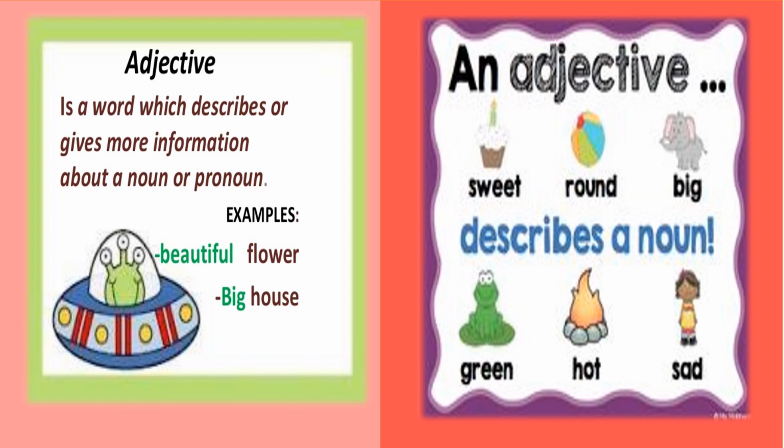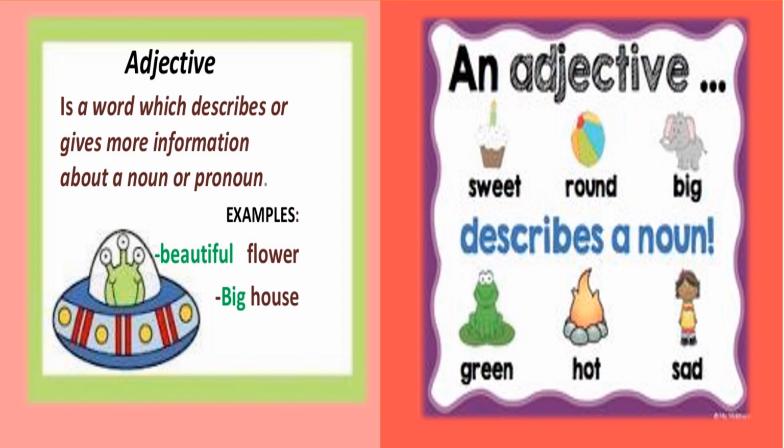For example, the first is a cupcake. The cupcake is sweet, so it describes the cake. Ball. The ball is round. Elephant. An elephant is big and huge.